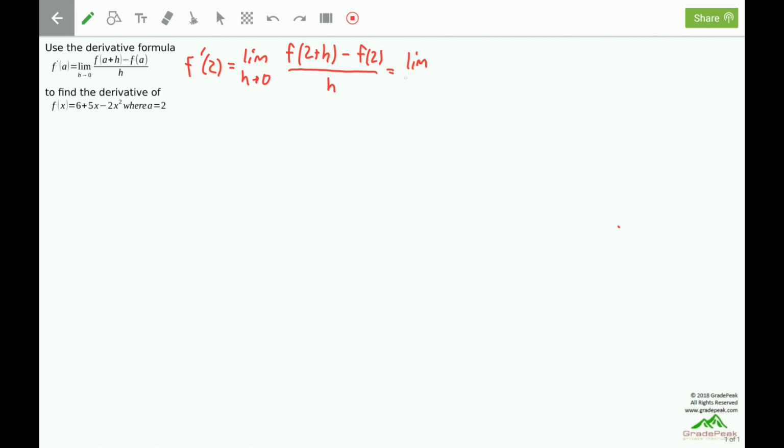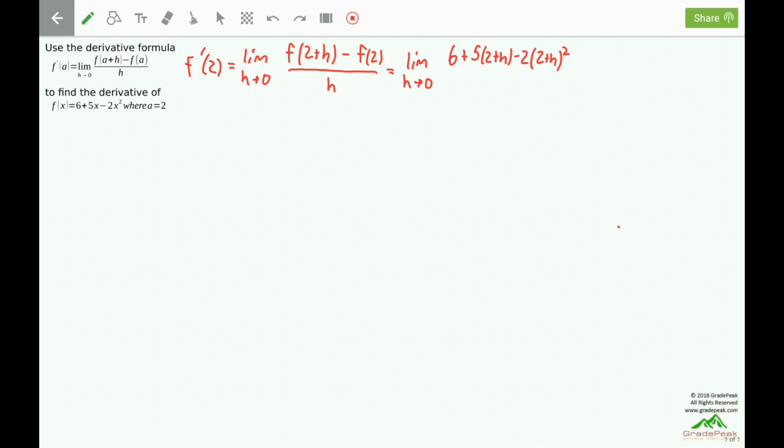The next thing to do is to evaluate f at 2 plus h. That means to take and replace each x with a 2 plus h. So that'll be 6 plus 5 times 2 plus h minus 2 times 2 plus h squared.